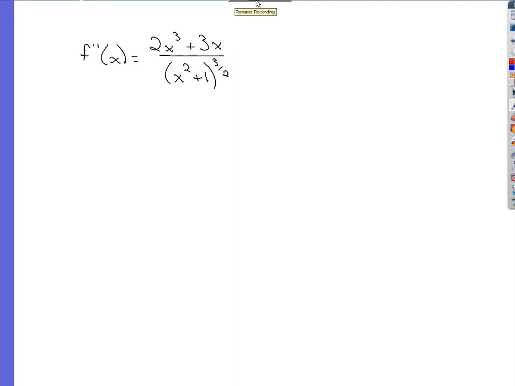All right, so if we're going to take the second derivative and figure out where this is concave up, concave down, and then figure out inflection points, we're going to look at where this second derivative equals 0, and we're going to look at where this second derivative does not exist.